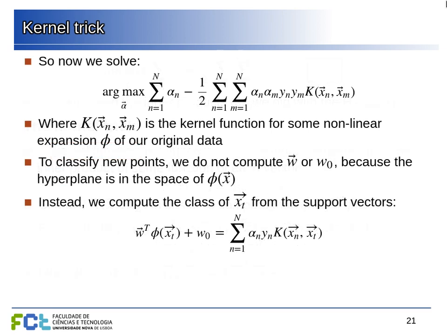So this is the kernel trick for support vector machines. We find a kernel function that computes the inner product of the transformed vectors for some nonlinear transformation to higher dimensions. And then we substitute those inner products with the value of the kernel function, which generally is simple to compute. And then we are training the support vector machine as if we were doing it in the higher dimensional space.